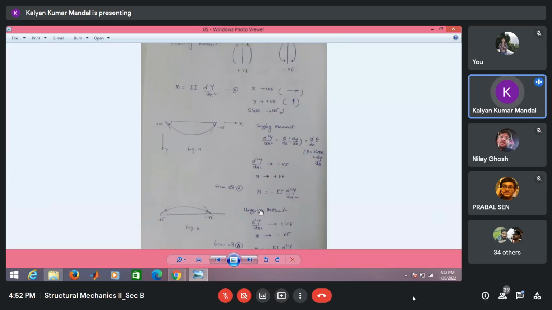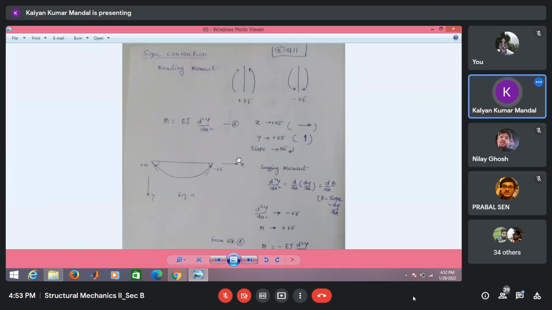Next, the sign convention. During the calculation of the bending moment, we assume that this is the positive bending moment. We assume the bending moment as positive when it is sagging in nature, and the direction of the sagging moment will be like that.